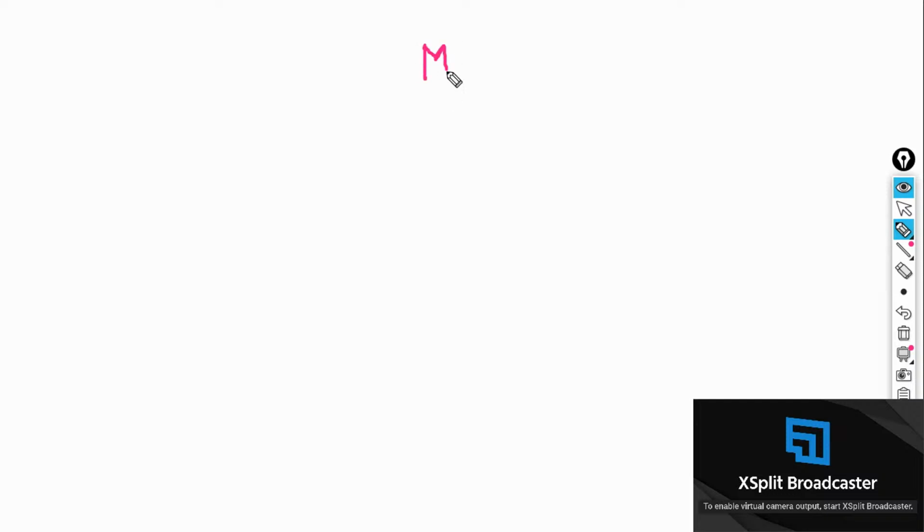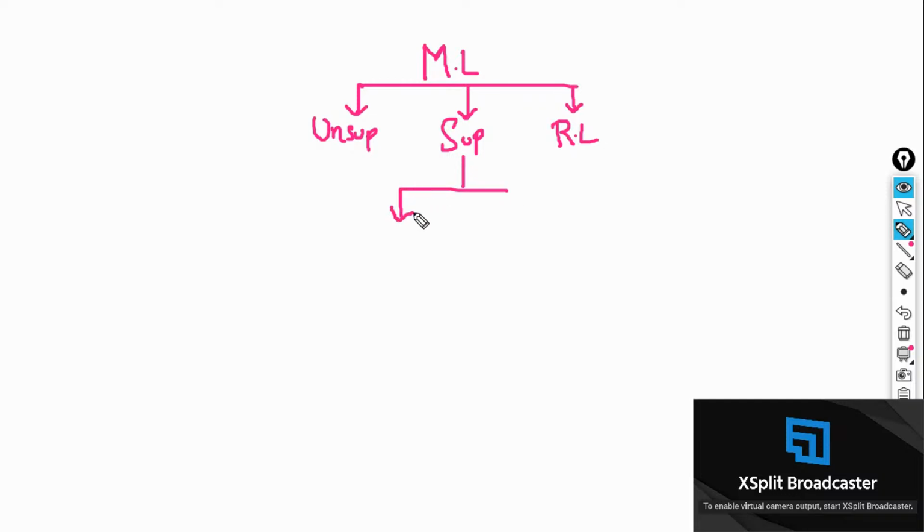Machine learning is broadly classified into three types: unsupervised, then supervised, and finally reinforcement learning. Supervised is again classified into two types. So when should we use unsupervised algorithms? When we are working on unlabeled data, y is absent. When supervised algorithms are used, y is present.